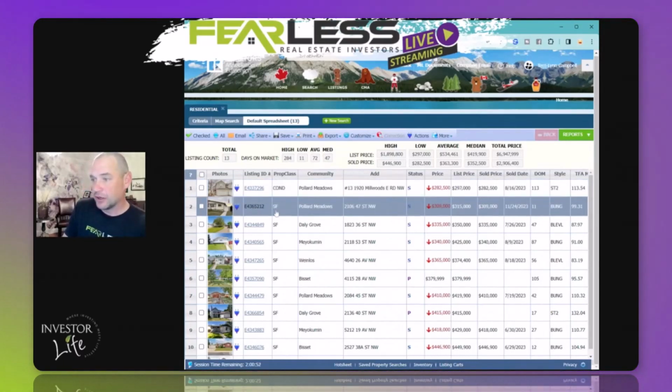The cheapest single family home, SF, sold for $309,000. Okay, so it starts to give us an idea. When did it sell? Oh, November 24th, not that long ago, just a couple weeks ago. It was only on the market for 11 days. So these things go fast, don't they, guys? And just looking at the picture, it looks like it's probably a half duplex with a suite. And that's what sold for that price.